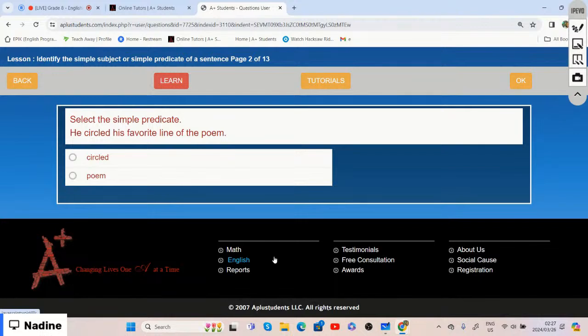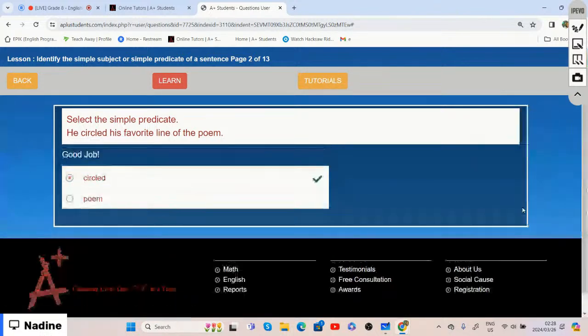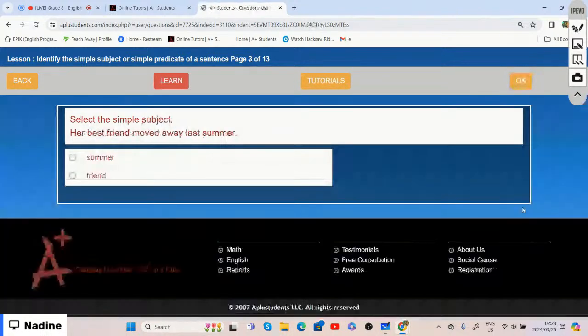We need to select our predicate. And if we select our simple predicate, the action, it is circled. So circled is our correct simple predicate.